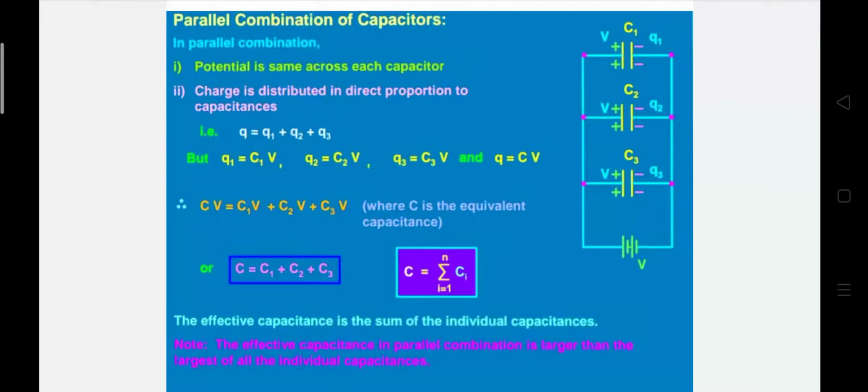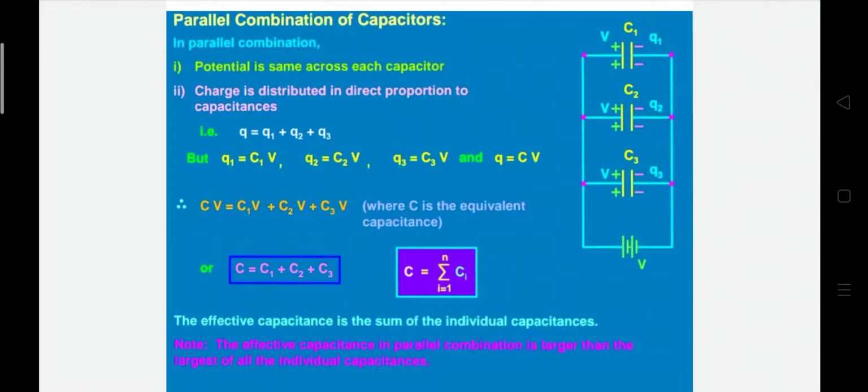So the charge distributed on each capacitor is different. They are Q1, Q2, Q3. And the potential across each capacitor is the same, V, V and V. So once we connect the capacitors in parallel, the potential across each capacitor remains the same.